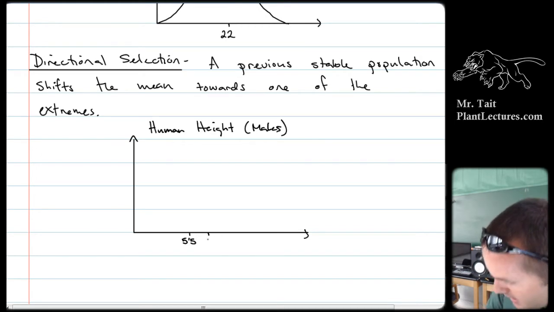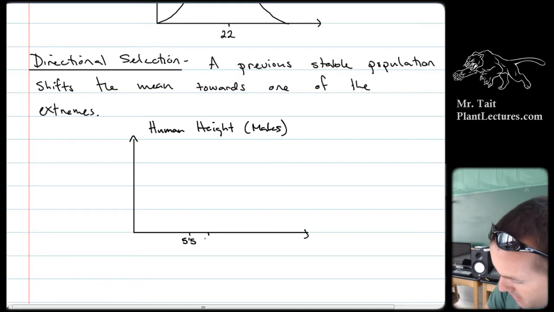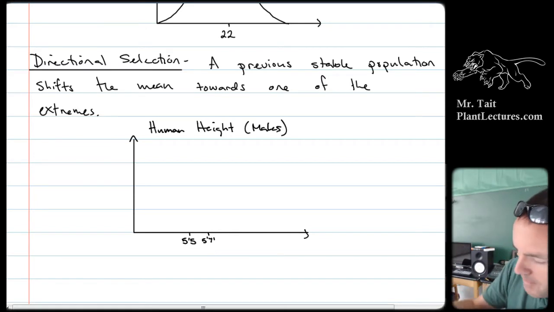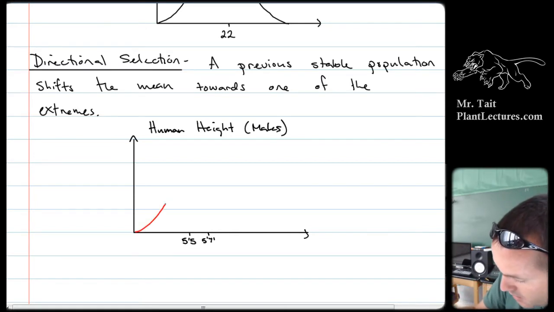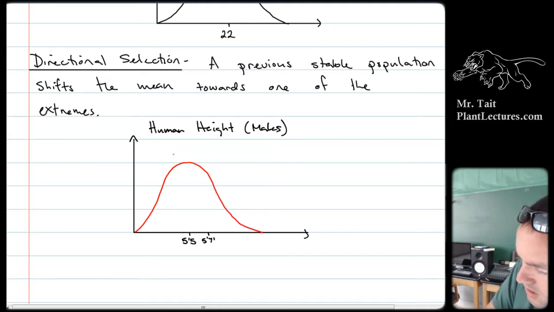And then in let's say the year 2000, it was 5'7". Okay, so we would see a bell curve here centered around 5'5". Let's say this is for the year 1950.